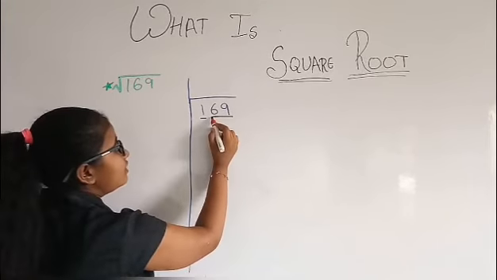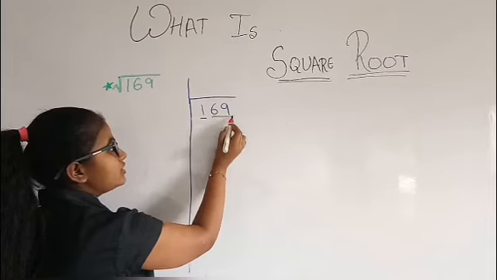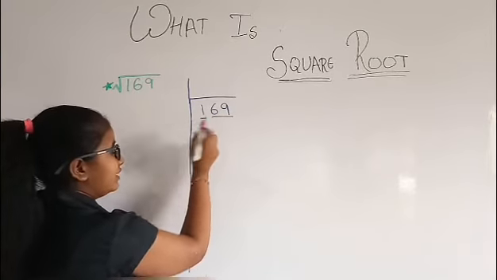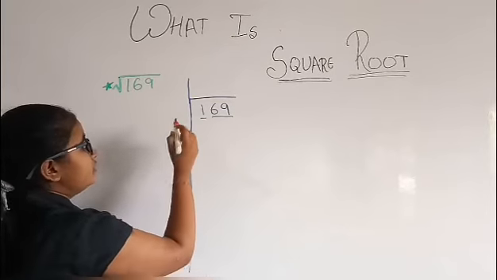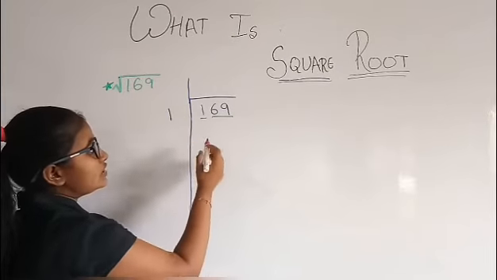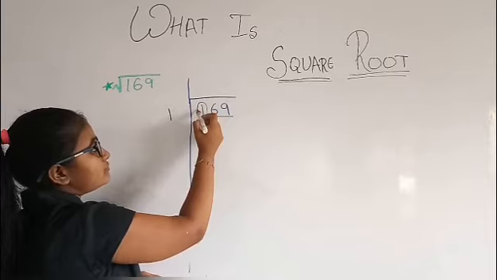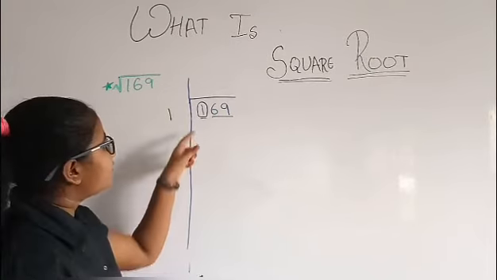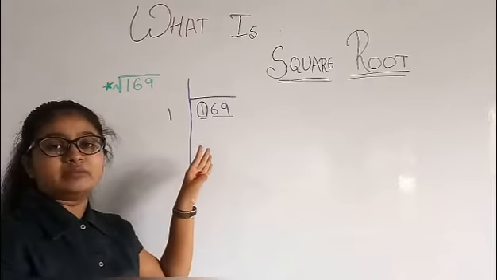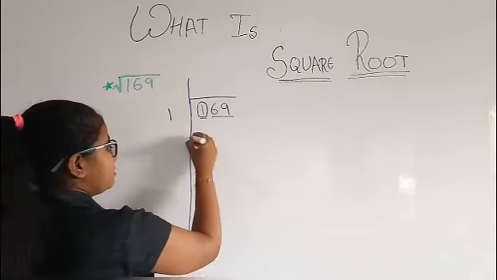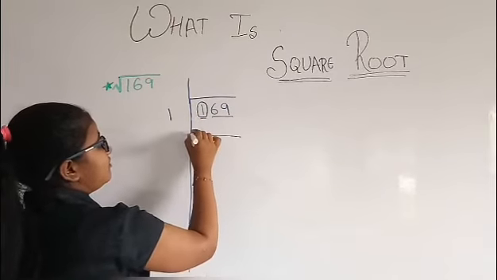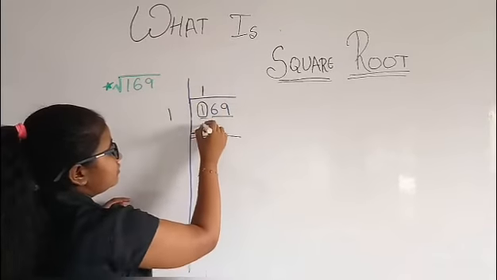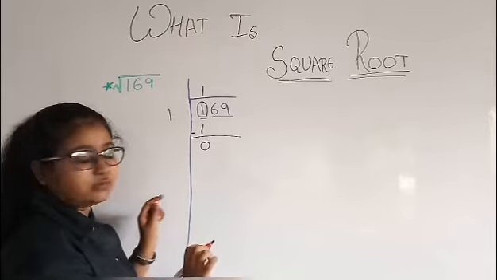We will take the last two numbers, and we have only one number left here, so we will take it single. First of all, we will write here 1 because we have to do the simplification of these numbers first. So 1 multiplied by 1, we get 1, and subtracting gives 0.